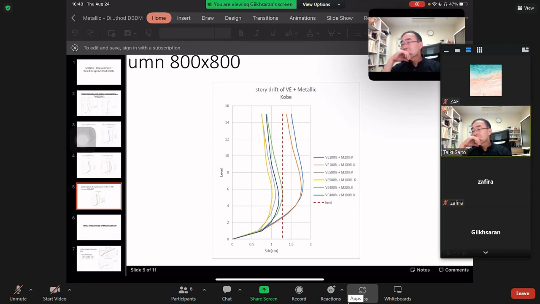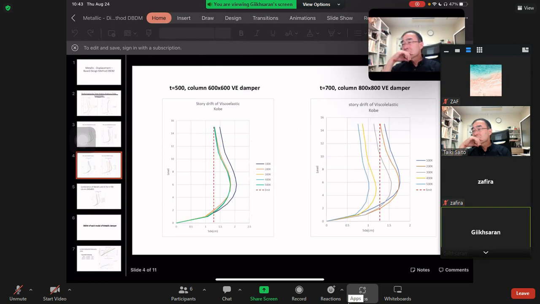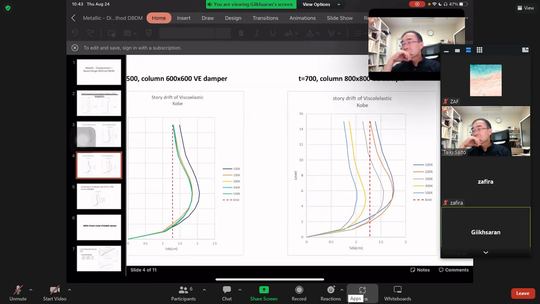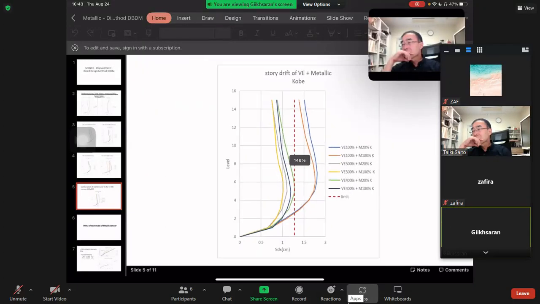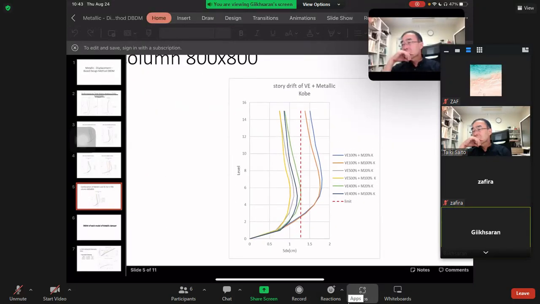The orange line and blue line are viscoelastic 100. From this picture, viscoelastic 100 is not good, so exclude it. The combination is good.